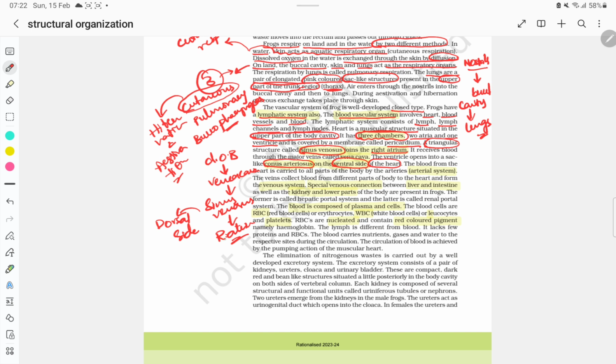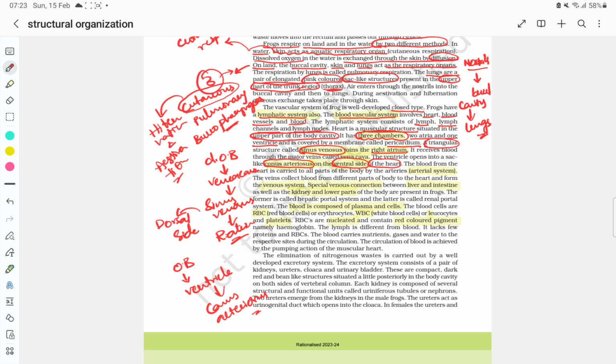It is connected to the ventricle. So the blood from the ventricle enters the conus arteriosus, and then it gets distributed throughout the body by the arterial system. So this is the flow.